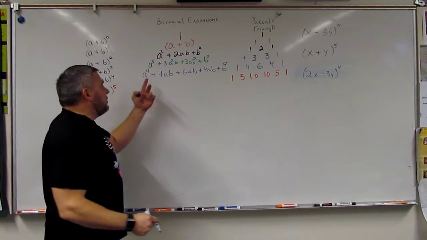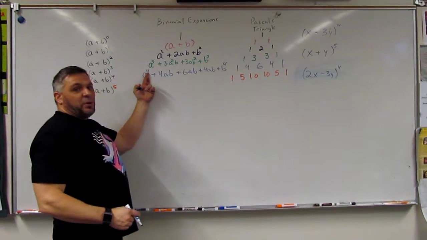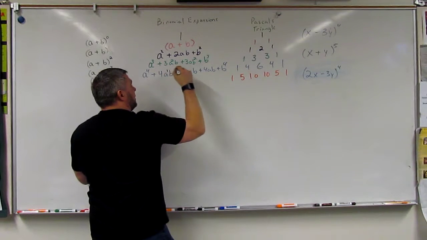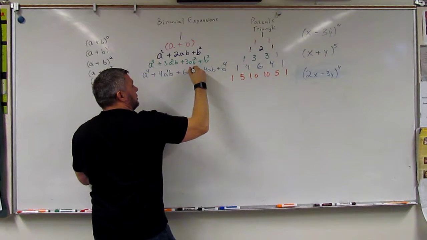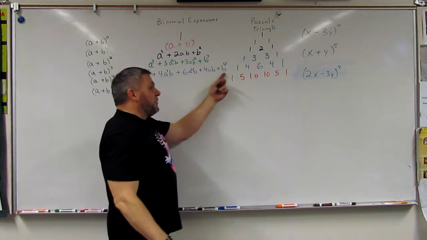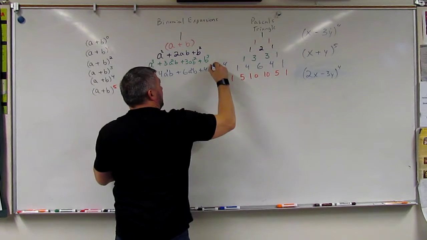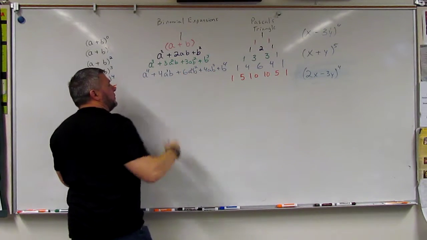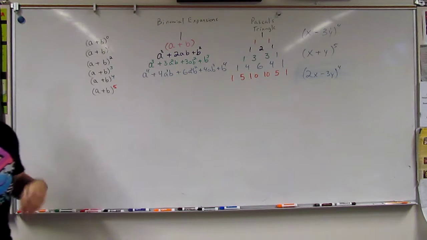And then we're going to say, okay, well, this is going to be 4, 3, 2, 1, and none. And then 4, 3, 2, and 1, and then none.